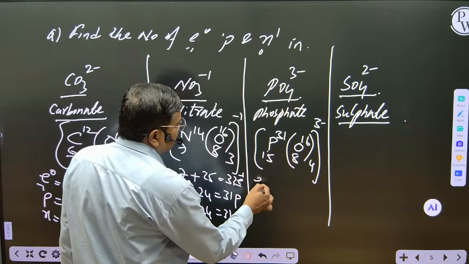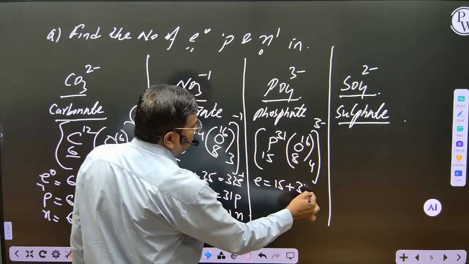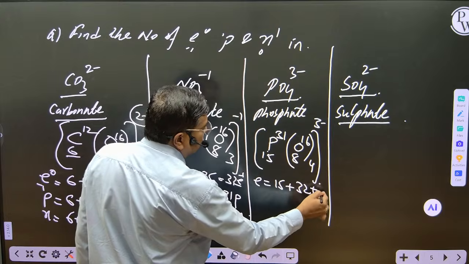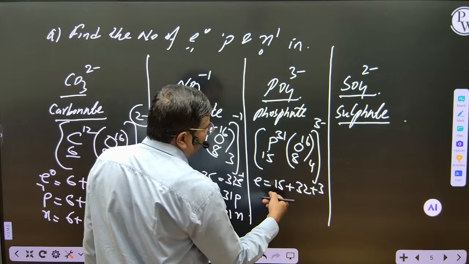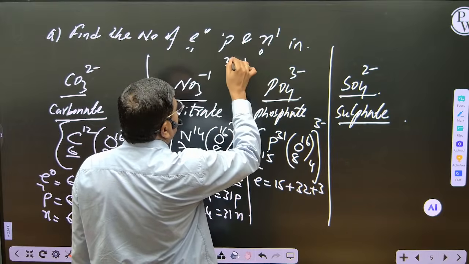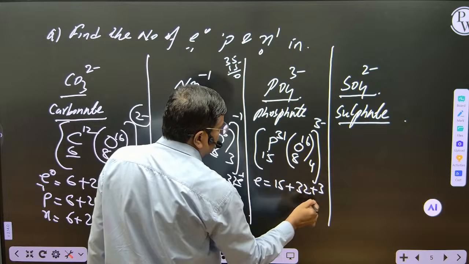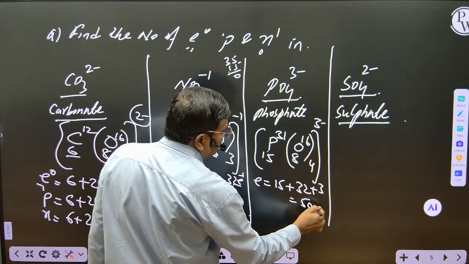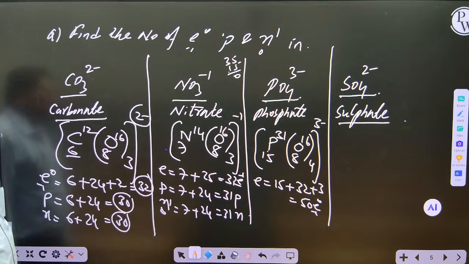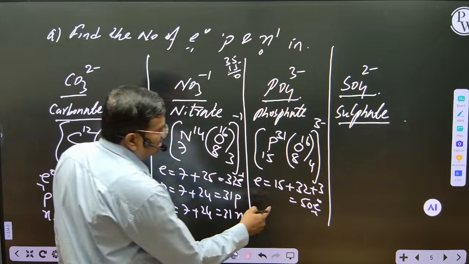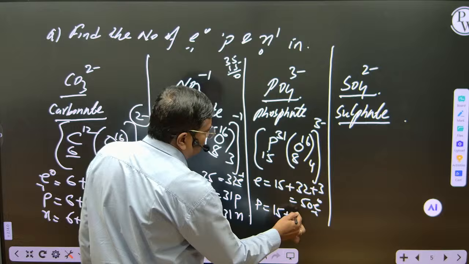From phosphorus there are 15, plus 4 8s are 32, plus gained 3. That comes how much, student? 32 plus 3, 35. 35 plus 15, when you add, that comes 50 electrons. Check, electrons will be 50. And protons will be, you have to deduct 3. Only 15 plus 32.